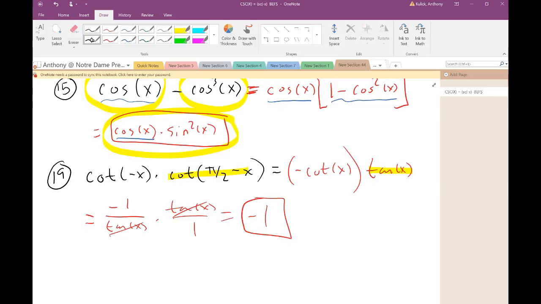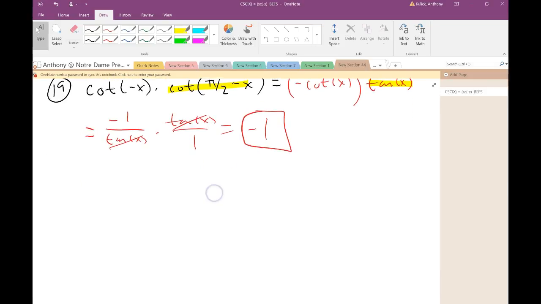I would provide you identities on the test, we'll talk about what would be things that would be memorized ones and what are ones that I would give you. The cofunction ones I would end up giving you. Maybe some of the simple ones I might expect you to memorize, like that cosecant is 1 over sine or something. I think are probably fair to ask you to memorize because you knew those already, hopefully. Okay.